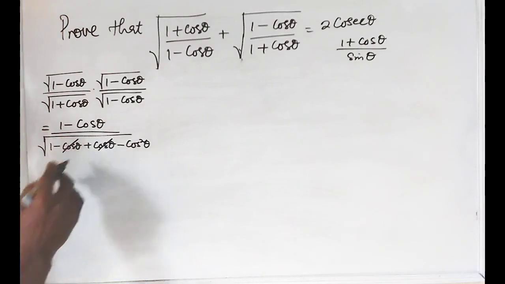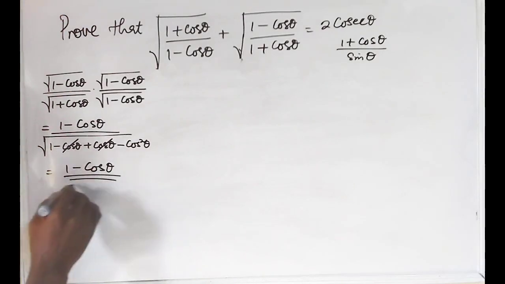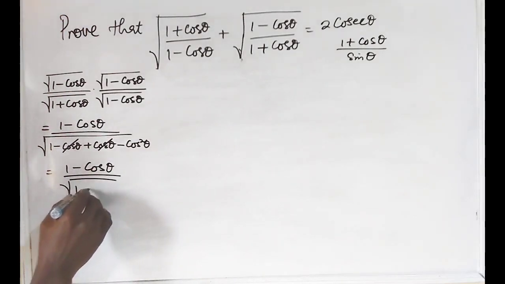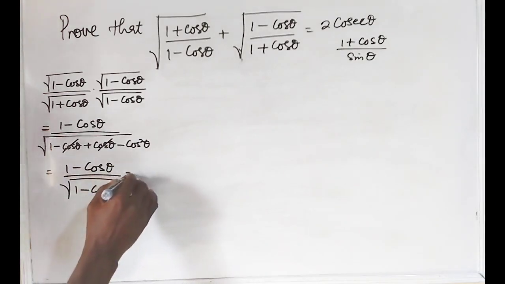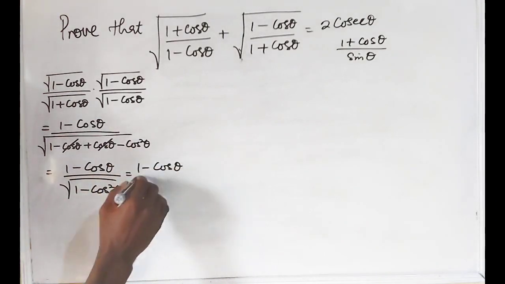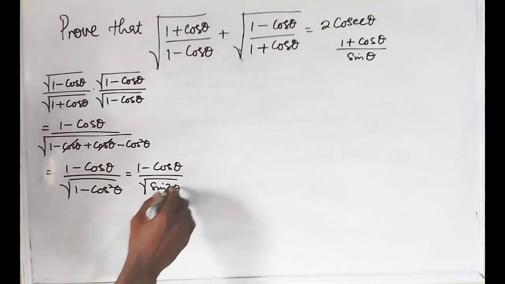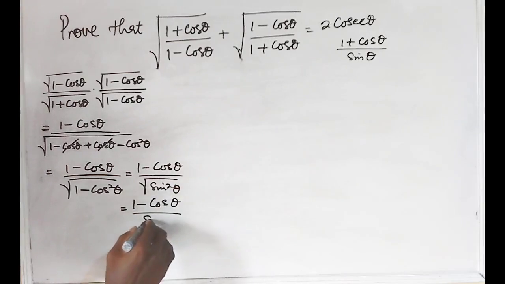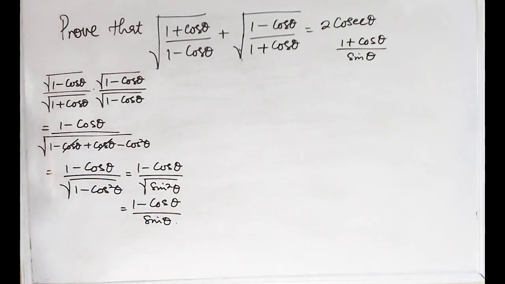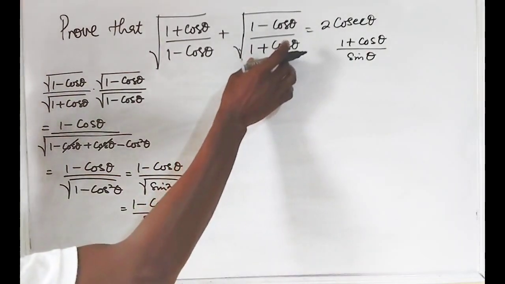We can now eliminate the cos theta terms, so we are left with 1 minus cos theta over the square root of 1 minus cos squared theta. Same as what we did initially, this gives 1 minus cos theta over the square root of sine squared theta, which is 1 minus cos theta over sine theta. This solution is the solution to this part.